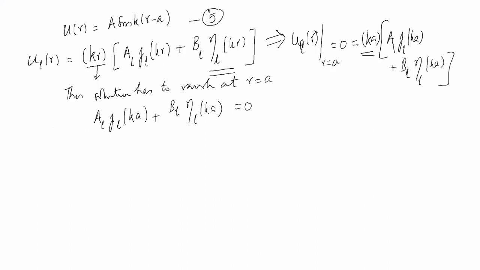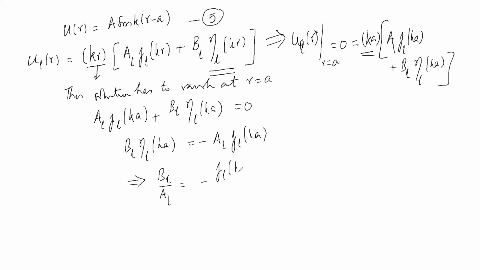And since this guy cannot be equal to 0, because k and a both are finite quantities, therefore this is 0, and when this is 0, this implies that B_l eta_l(ka) is equal to minus A_l j_l(ka), and that would imply my B_l upon A_l is minus j_l(ka) upon eta_l(ka).